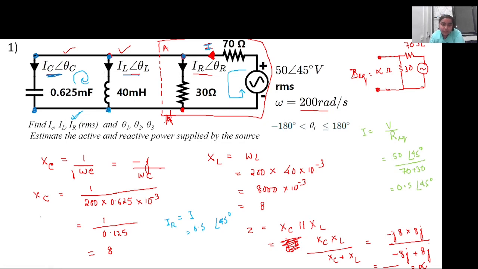What is the magnitude that you got? Did you calculate the magnitude of IC and IL?